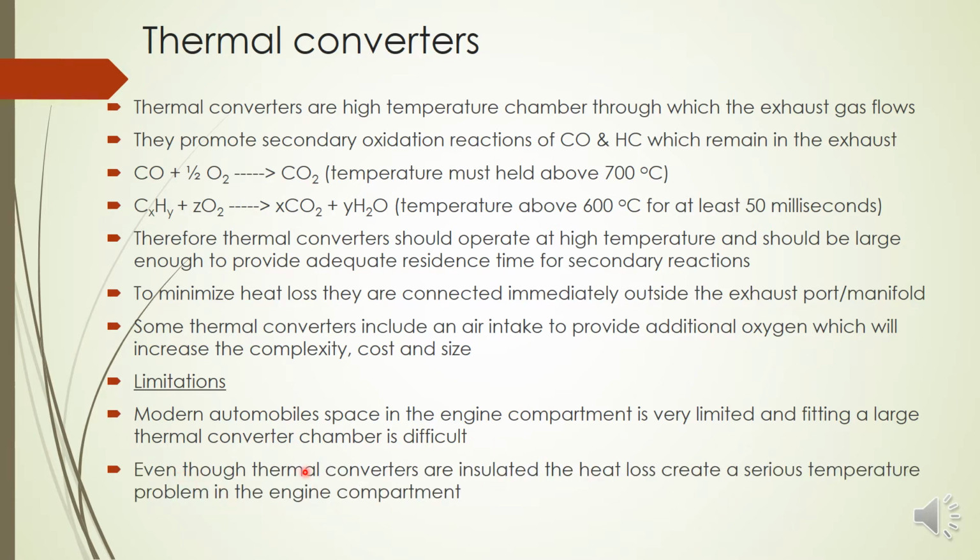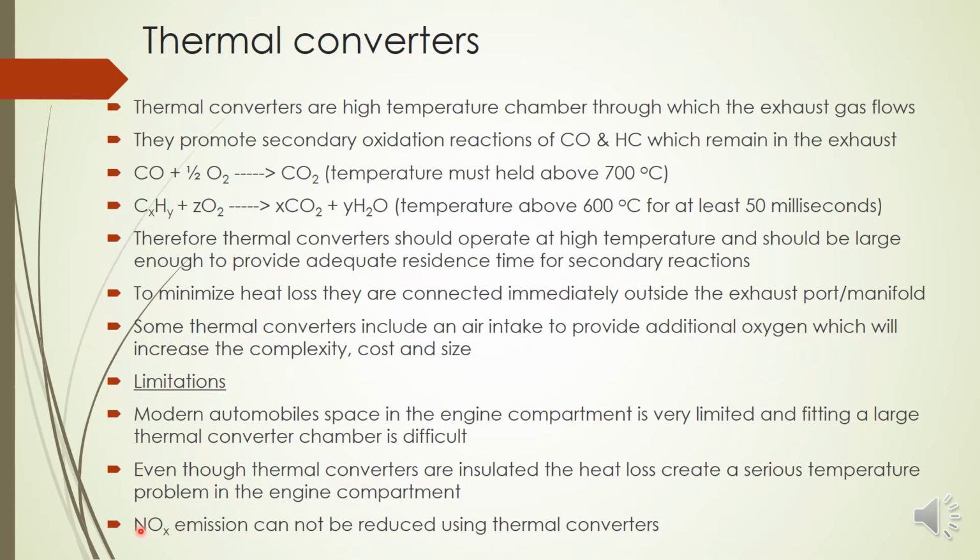Another one is the heat loss. Even though the thermal converters are insulated, this temperature is very high, 700 degrees. So some heat will be lost and will cause some problems in the engine compartment. That is another limitation.